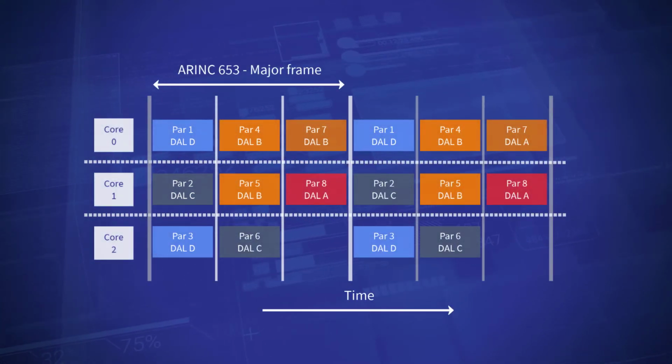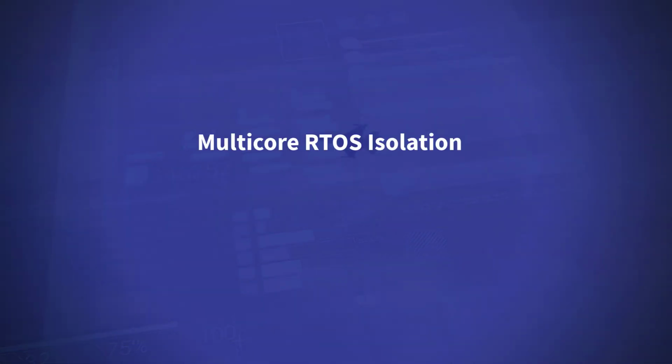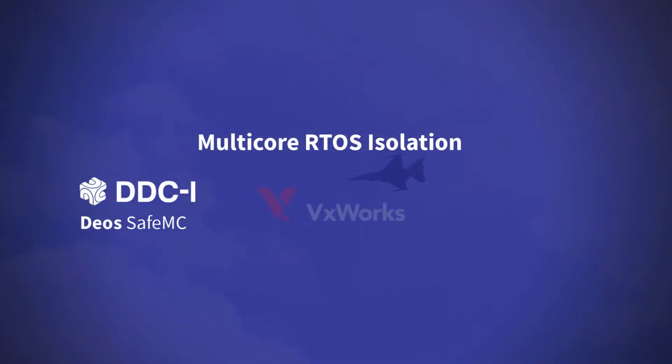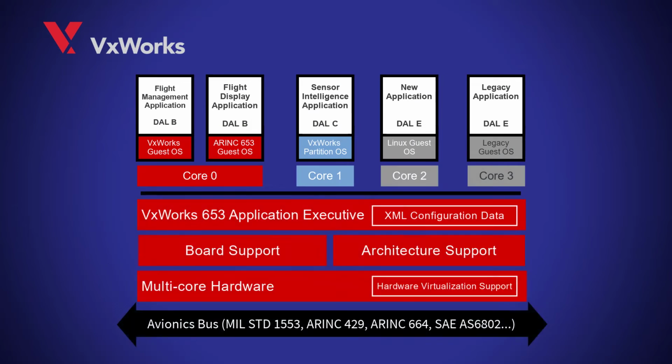Mitigation of multi-core interference requires that partitions be isolated from each other. Some isolation mechanisms are provided by a multi-core RTOS like VxWorks 653 Multicore Edition. Such RTOSs can manage processor cores, ensuring the usage of any one application is deterministically bounded within its partition.